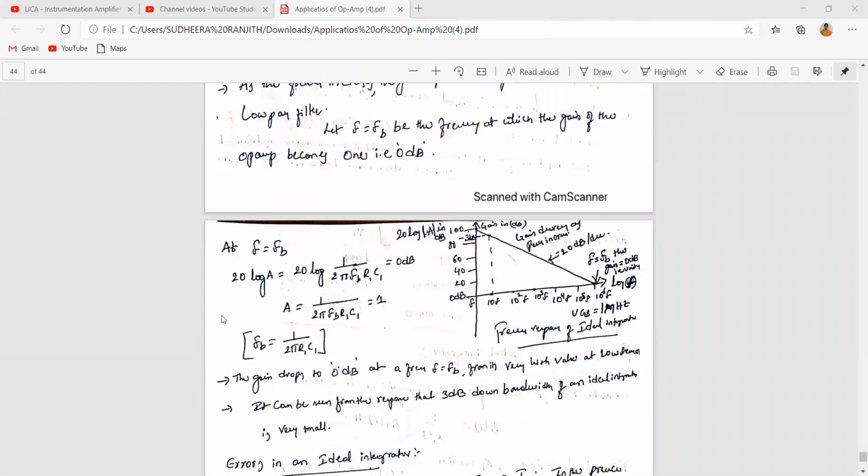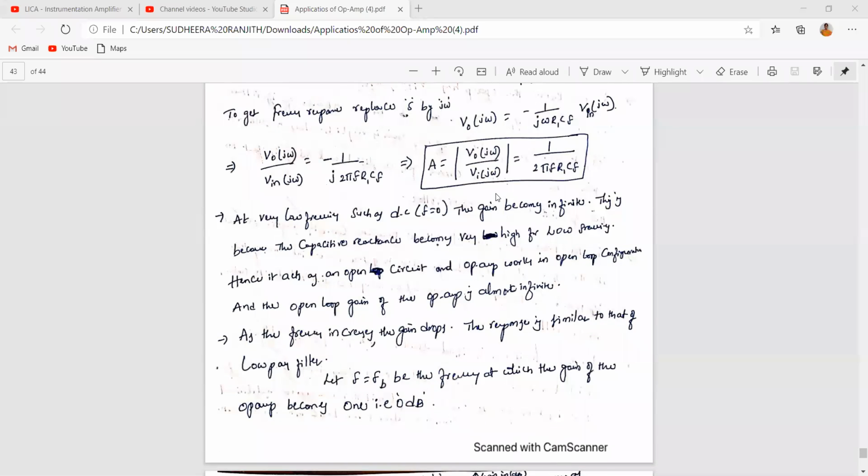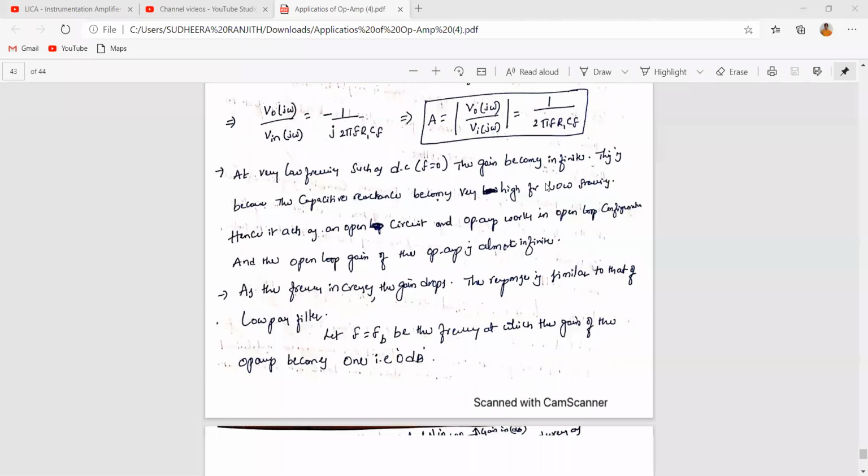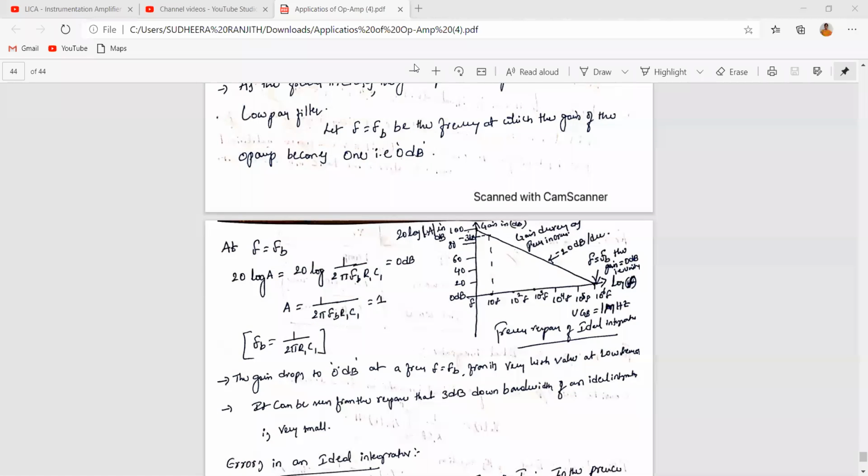So at f equal to fb, 20 log of this value, the gain becomes 0 dB. Let f equal to fb be the particular frequency at which the gain of the op amp becomes 0 dB.